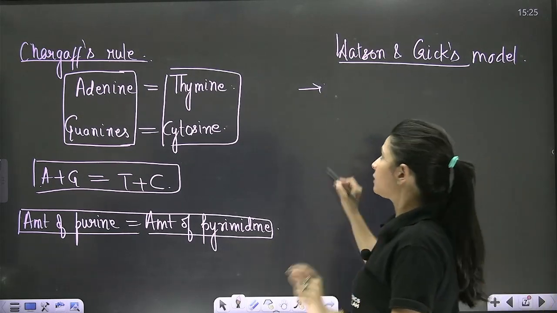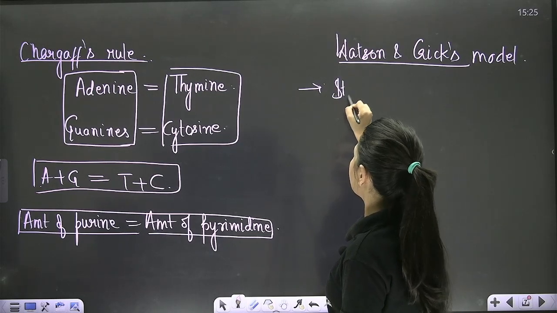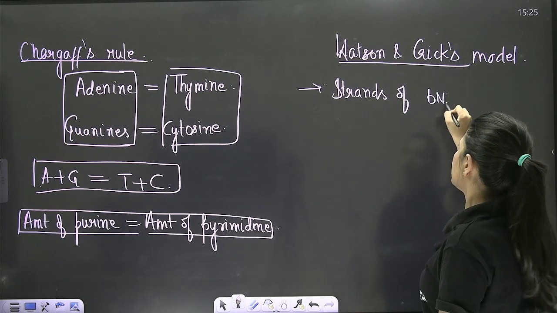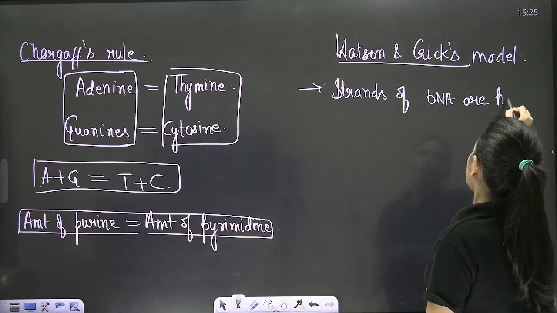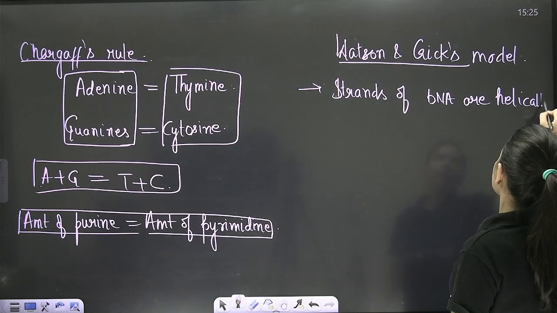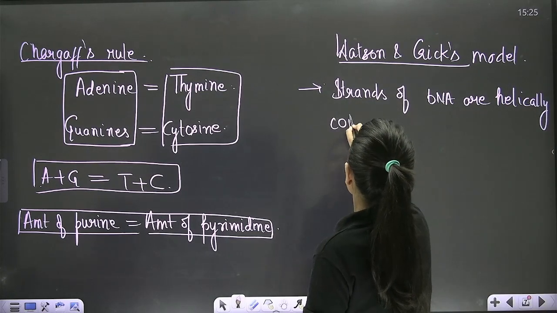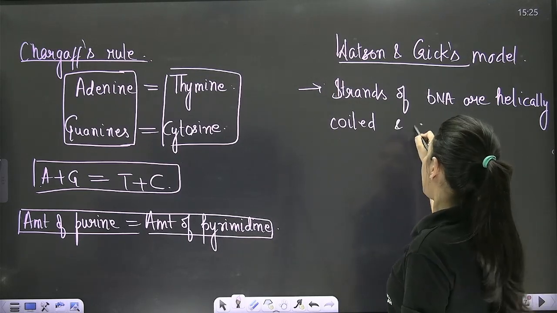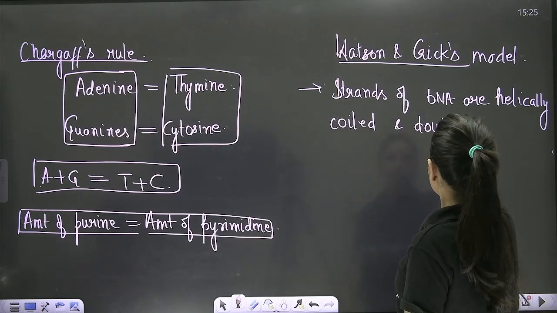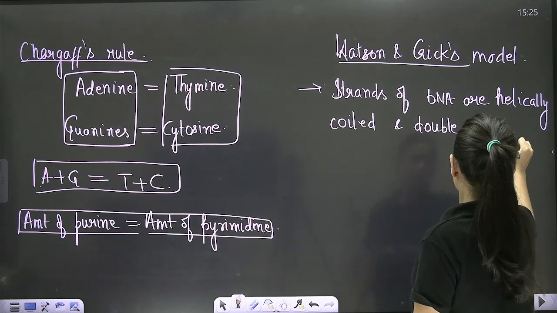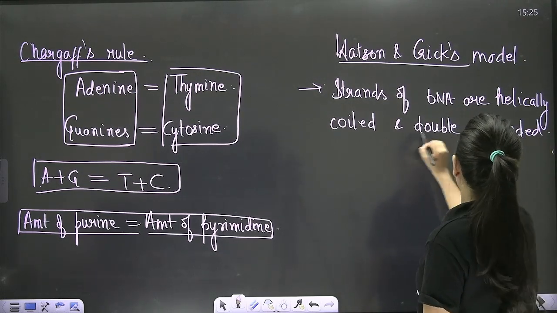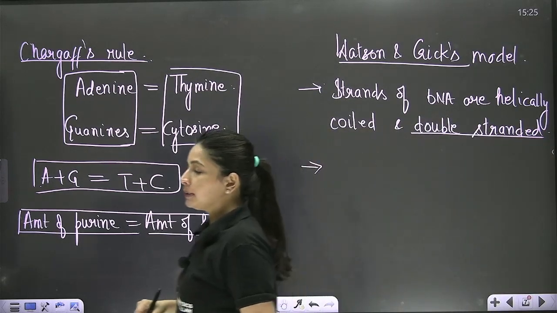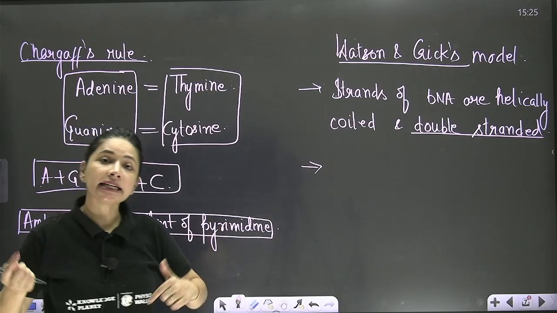So the strands of DNA are coiled in a right-handed manner, helically coiled and double-stranded. First point.